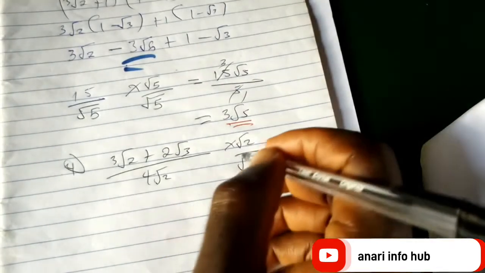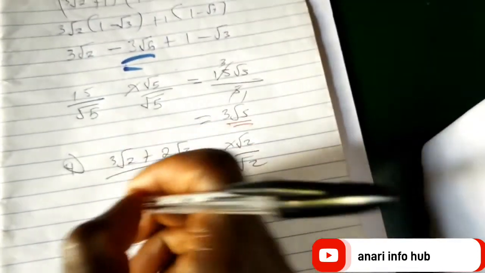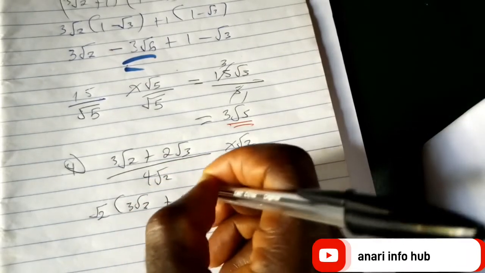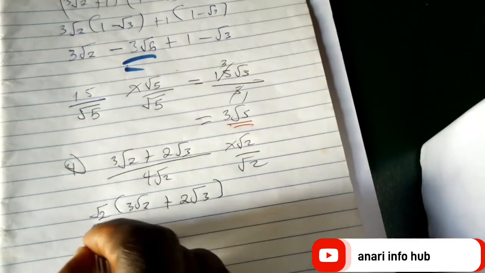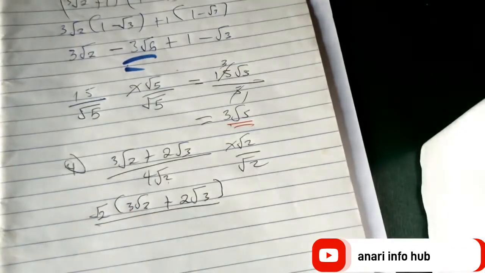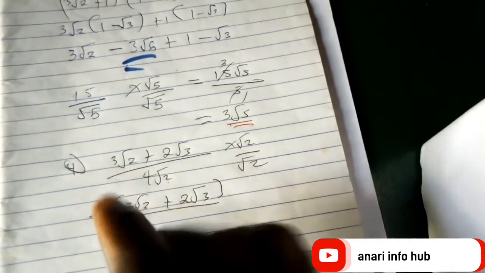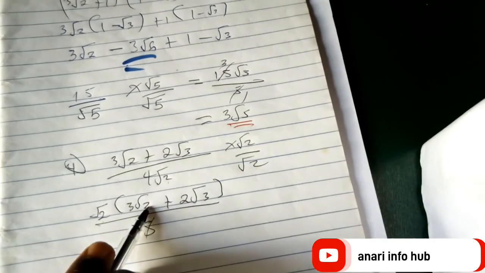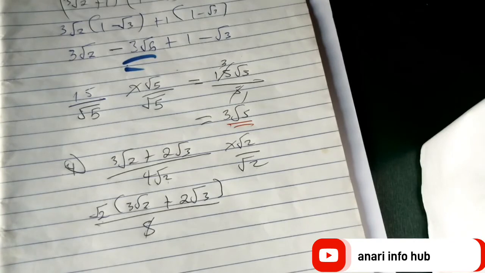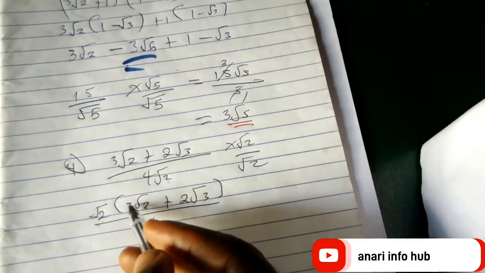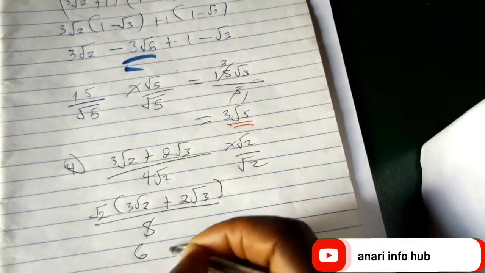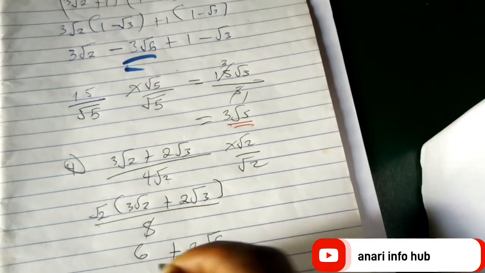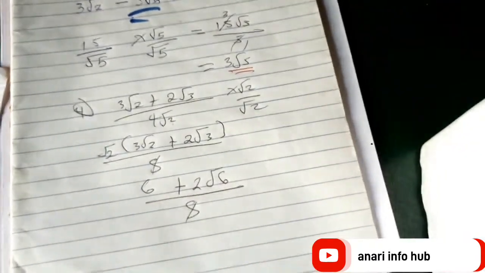So you have the whole of this times this: √2 into (3√2 + 2√3), over 4 times 2, which is 4, and √4 is 2. So 2 times this is 8. Now √2 times √2 gives us 4, and the square root of 4 is 2. So 2 times 3 is 6, plus √2 times √3 is √6, that is 2√6, all divided by 8. Hope we are together.